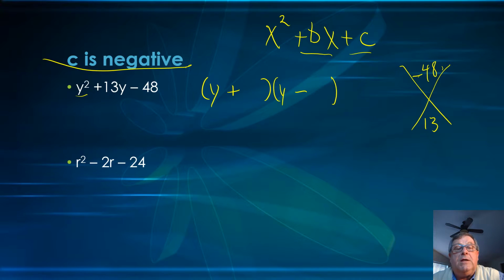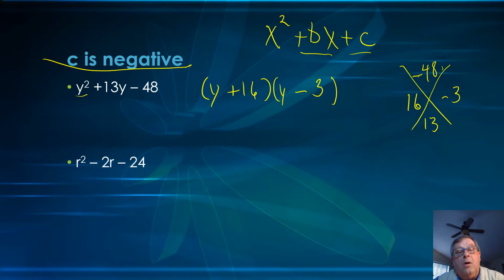All right, so 16 times 3 is 48, and if 16 is positive and 3 is negative, that would be 16 minus 3, which would be 13. So my two factors are a positive 16 and a negative 3, and I'm just going to put that right inside my parentheses. Y plus 16 and y minus 3 are my two factors. Boom, shazam.